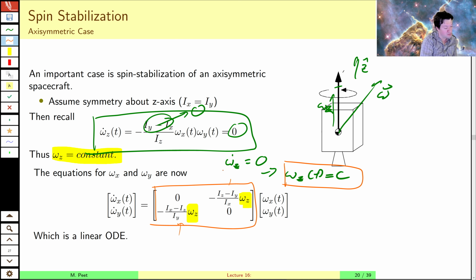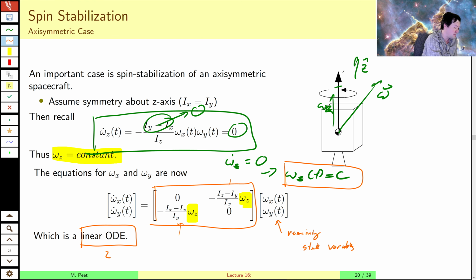Those are constant, and now the dynamics become linear in the remaining state variables, which are omega x and omega y. So we have a second order linear ordinary differential equation.